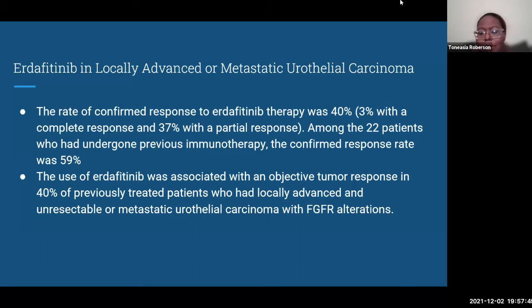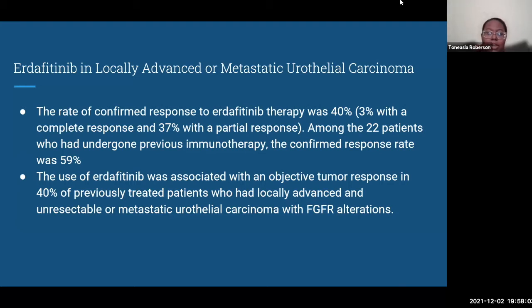So this was a phase 2 study with a total of 99 patients. In the group, they went through an average of 5 cycles of Balversa in about 5.3 months.